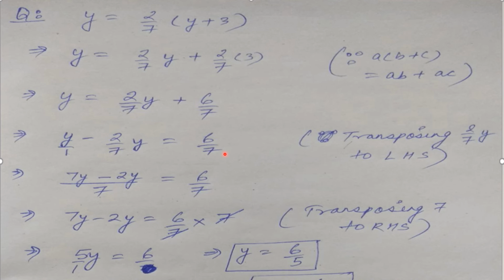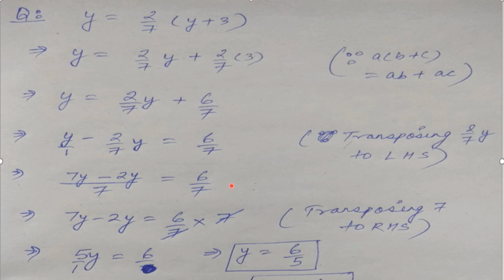At the earlier step, it was not possible to take 7 to that side. It is a rule that only if 7 is below the complete numerator will it go. That is why first we had to take the LCM, and then only this 7 was allowed to go to the right hand side. So in the next step, it was transposed from division to multiplication.